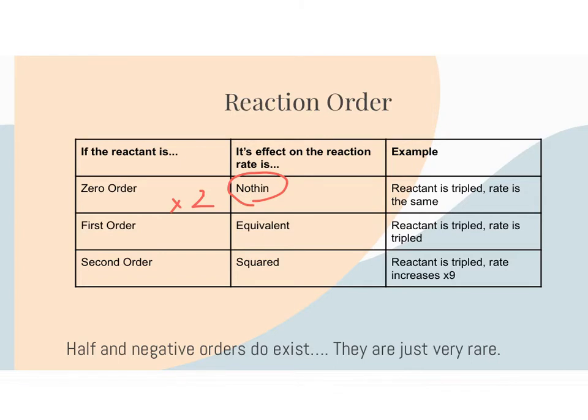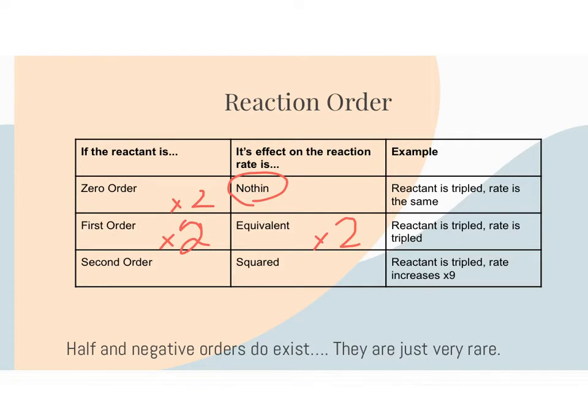In 1st order reactions, if I were to double the concentration, the rate would also be doubled. It affects it by a factor of 1. So if you tripled it, the rate would be tripled, and so on. Keep in mind, I'm not just adding some, I am doing this in multiples. So this will always be in multiples.